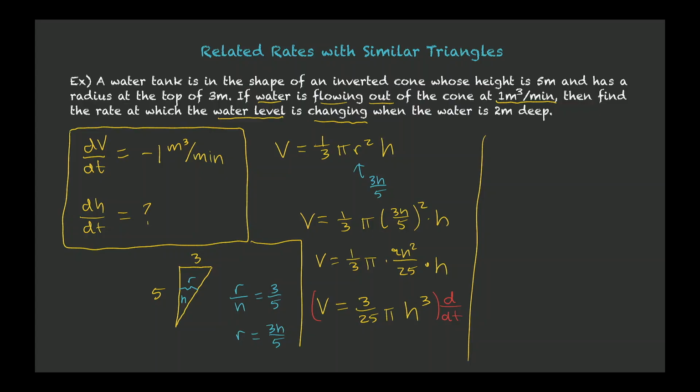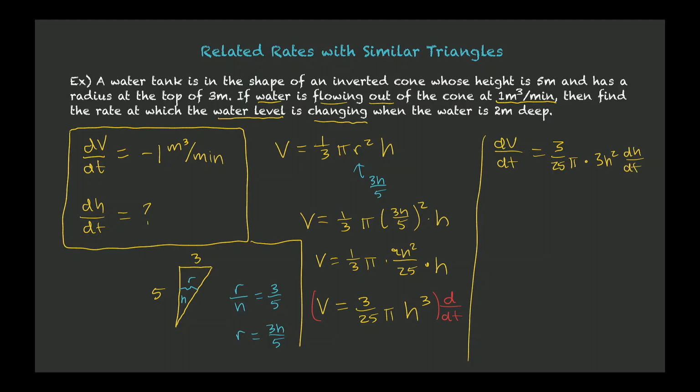So for example, the derivative on the left-hand side, the derivative of V, is just 1, and then dV/dt. On the right hand side, 3 over 25 pi, those are just numbers, they just sit there. And the derivative of h cubed is 3h squared, and then dh/dt.